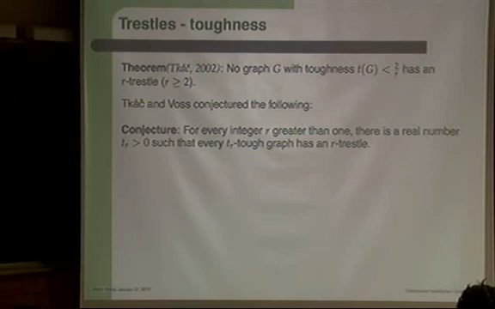And there is this general open conjecture, which is still open for every R, which says that there exists a toughness, depending on R, such that every graph with that toughness will have an R-trestle. It's open for every R. I tried several times to prove it, but didn't succeed.